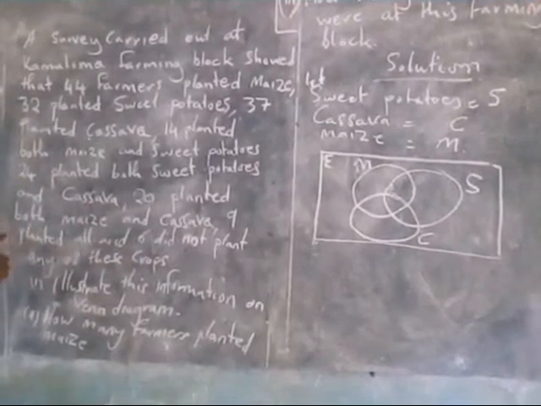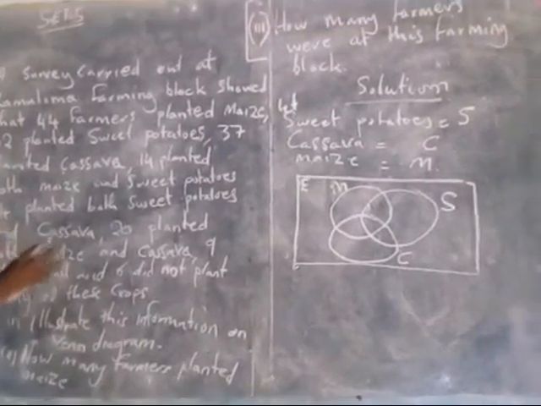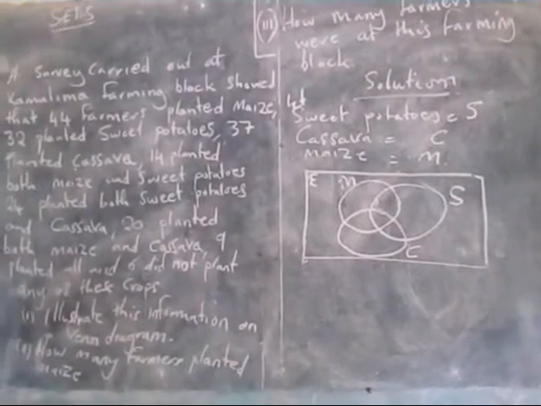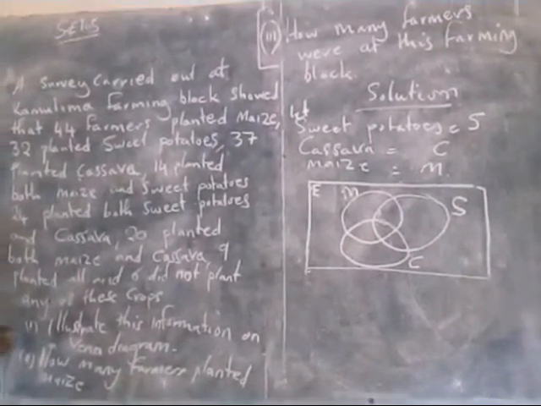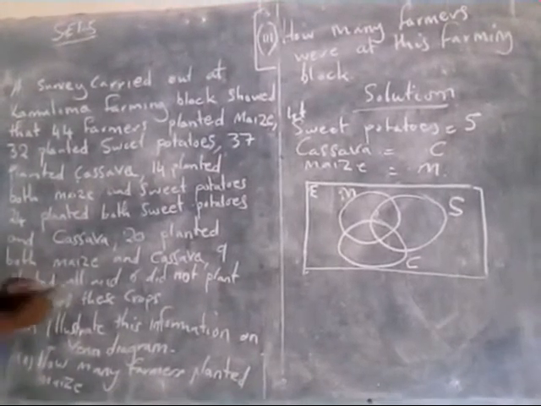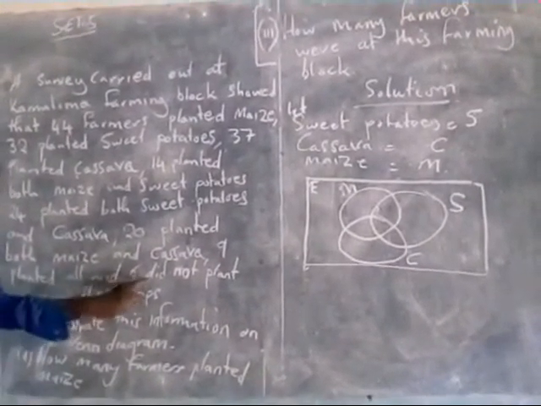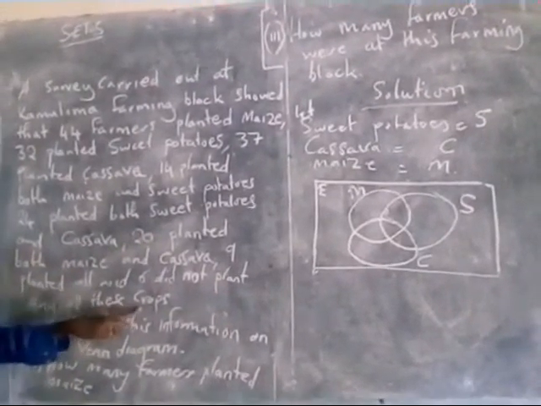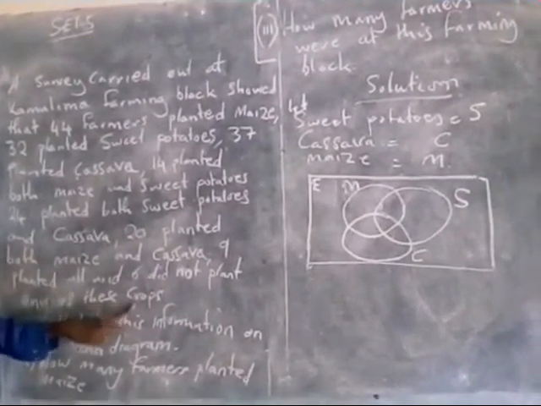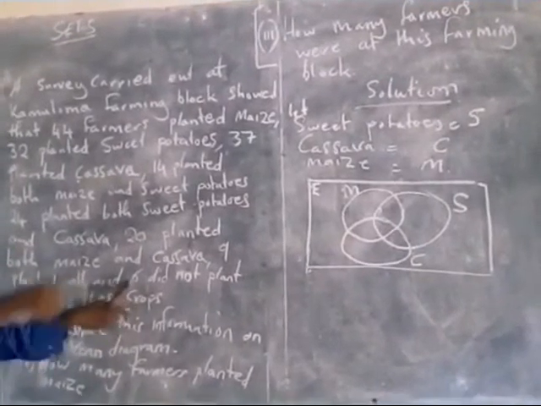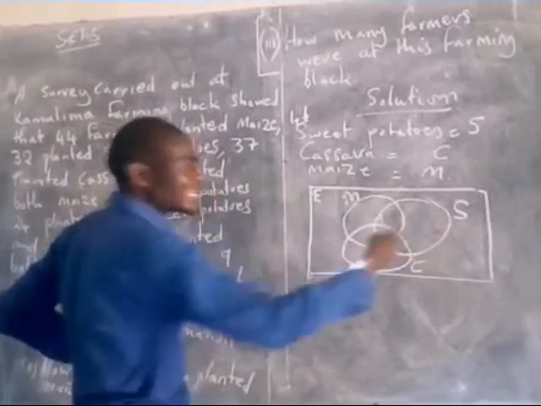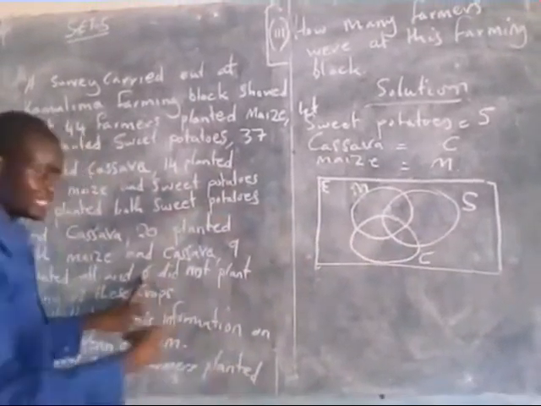To start, we begin with the information that is not very connected to the others. 6 people did not plant any of these crops. So 6 were not found in these sets, but they were counted.